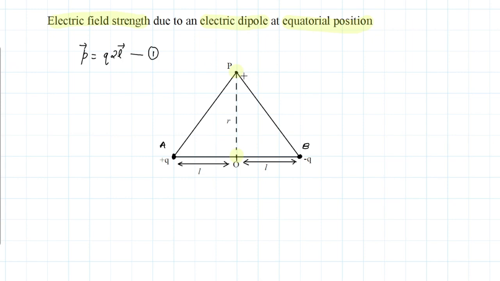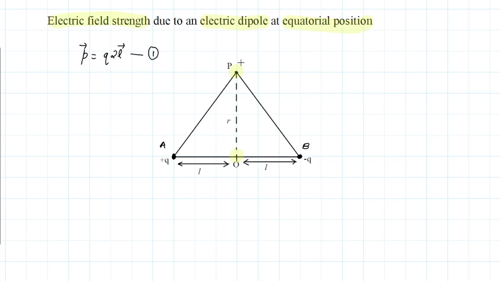let us examine how the test charge at P is going to experience force due to this plus Q. The test charge we consider will be positive in nature. So this positive charge at A is going to push the test charge along the line joining the two charges.